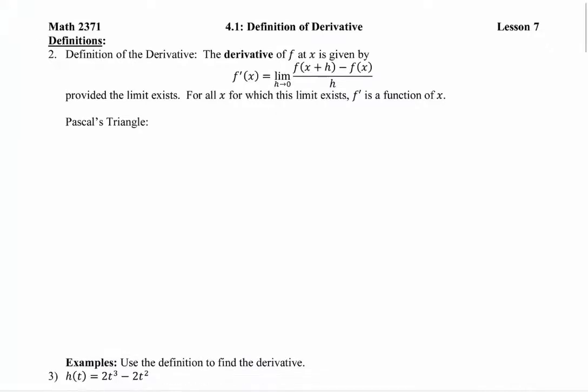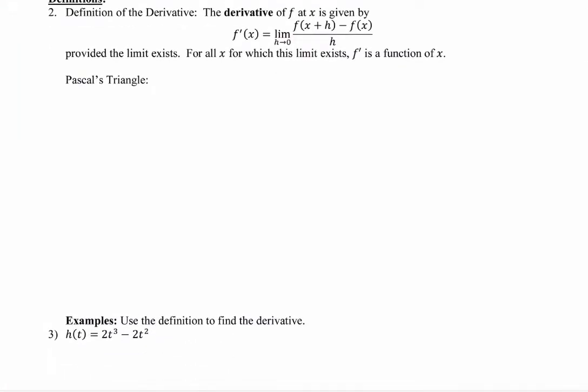Okay, so first we're going to review Pascal's triangle, and I'm going to go up to x to the 4th degree because that's what we need for the second example. In the first example, we need x cubed.